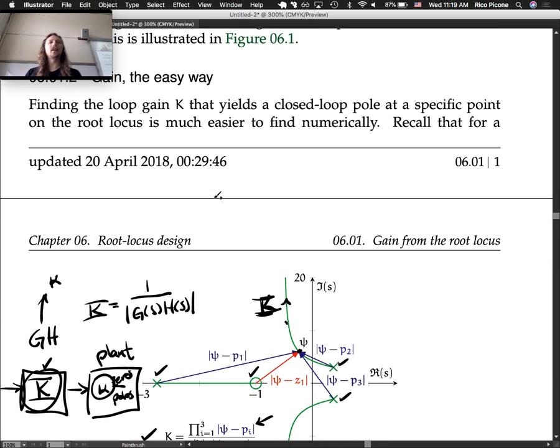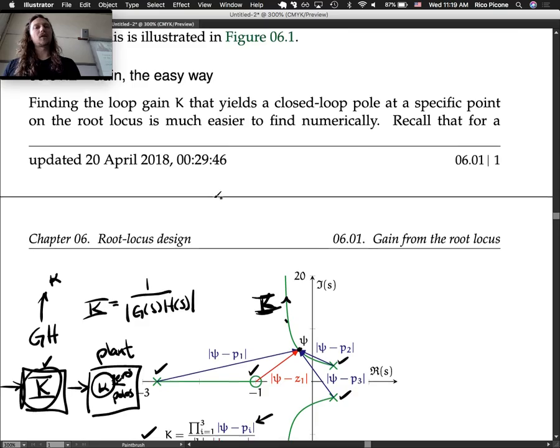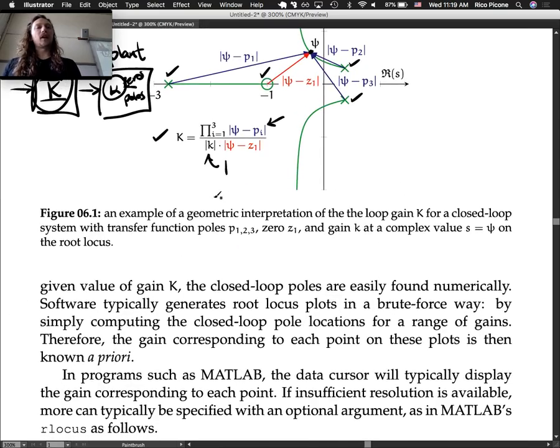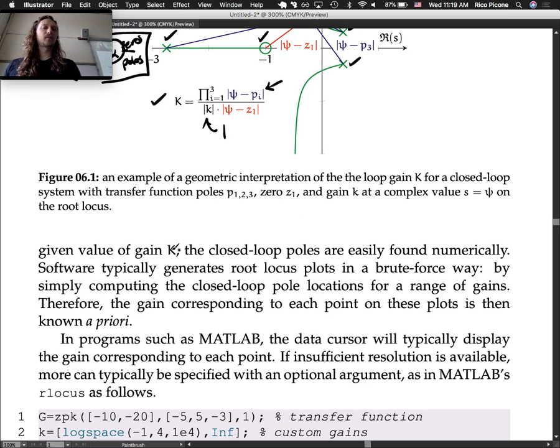So finding the loop gain K that yields a closed loop pole at a specific point on the root locus is much easier to find numerically. Recall that for a given value of gain K, the closed loop poles are easily found numerically. Software typically generates root locus plots in a brute force way by simply computing the closed loop pole locations for a range of gains.